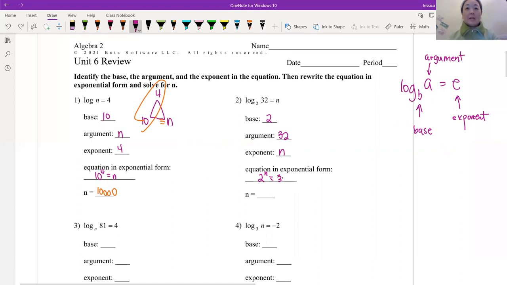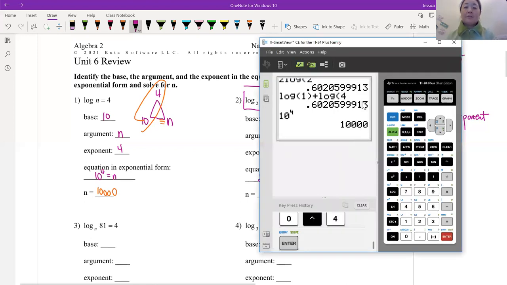Oh, I can't write anything, right? So how do we do 2 to the n is equal to 32? Well, honestly, what I would do is just go back to this original, right, and then just use change of base, right? Because I know that this is the same thing as log of 32 over log of 2, right? So you just go on your calculator.